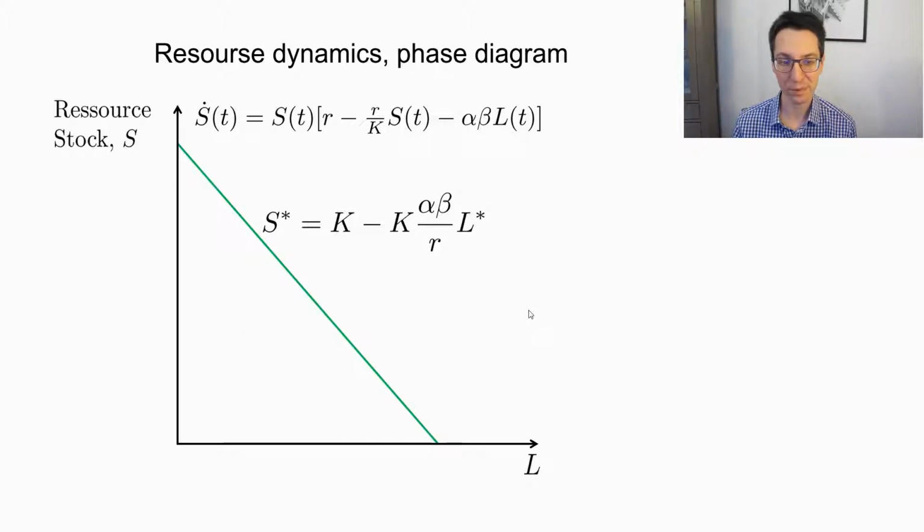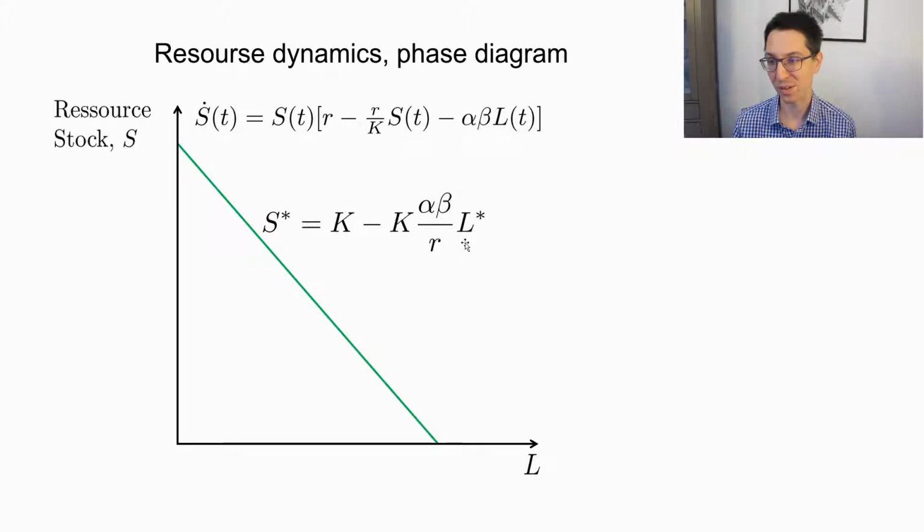To know that, we would simply have to compute them. Imagine, first of all, if S equals 0, what is the value of L? And if L equals 0, what's the value of S? Let's start with L. Imagine that L equals 0. What is the maximum value of S that makes S dot equal to 0?